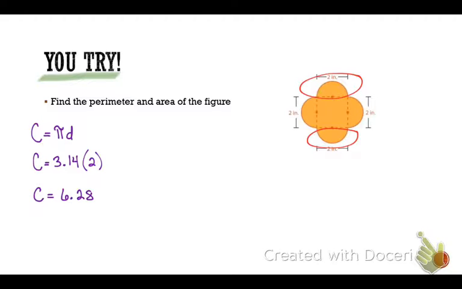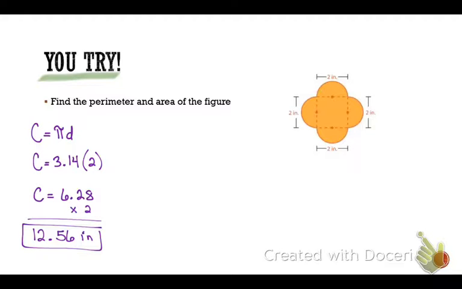Are you with me? All right. That's a circle. So then I can just multiply 6.28 times 2. 12.56. That's my perimeter. Now, if that confuses you, say, well, it's a semicircle, I was supposed to divide by 2. Okay. Divide by 2, 3.14.